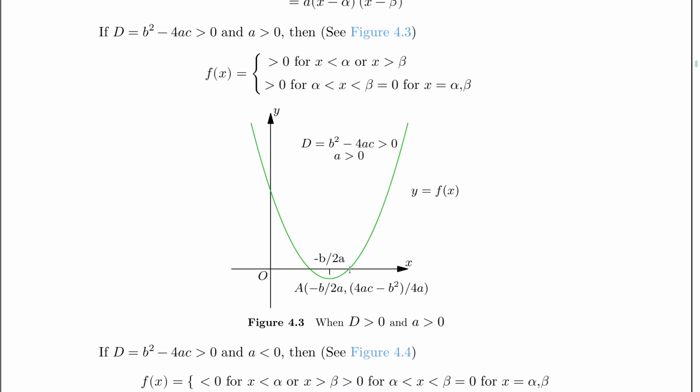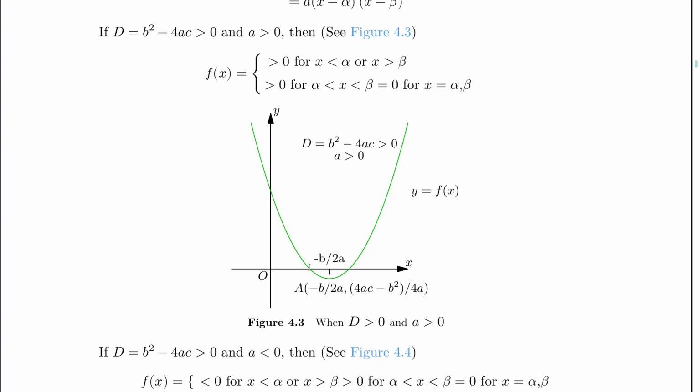Now, if this is the case, at some point, the parabola will intersect the x-axis. That is, y will be equal to 0 or f(x) will be equal to 0. Those are the points which you call roots, right? Because when ax square plus bx plus c is 0, we call those roots. So you observe when this parabola, the green curve, cuts the x-axis, those are the positions of two roots.